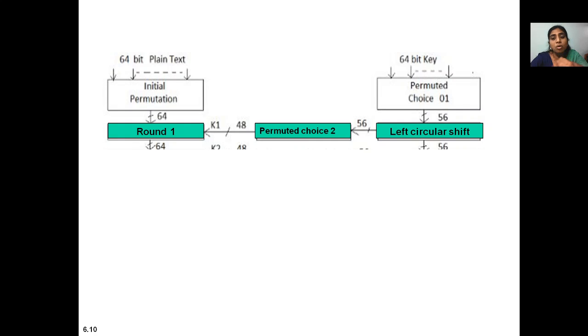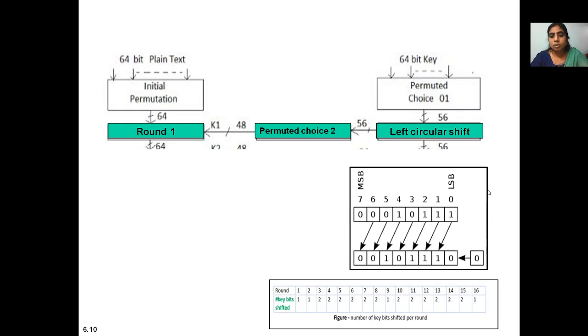But other than these, we shift left by 2 bits. You can observe over here. So we have taken the left circular shift.